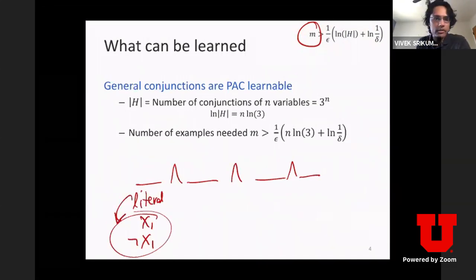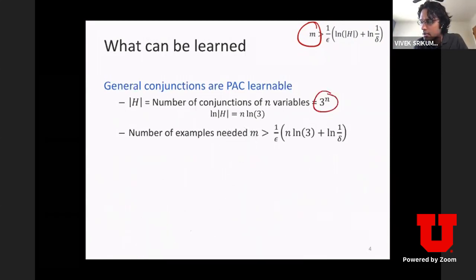And a conjunction is just a bunch of literals that are connected with an AND. We saw in the last lecture that the number of conjunctions in n variables is 3 to the power n, and the log of that quantity is n log 3, which for our purposes, we don't really care about the log 3 part, but it's important to note that this quantity is linear in n.